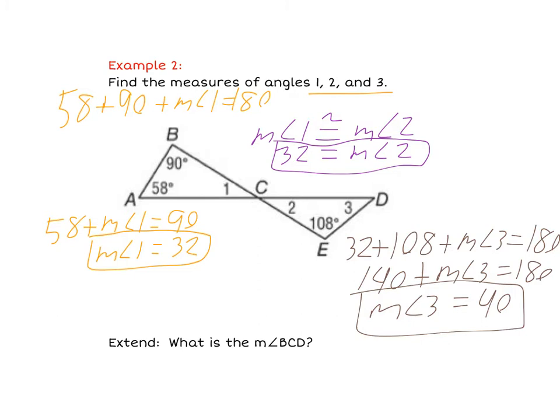Then, extend it a bit, what is the measure of angle BCD? Well, angle BCD makes a linear pair with either angle 1 or angle 2.